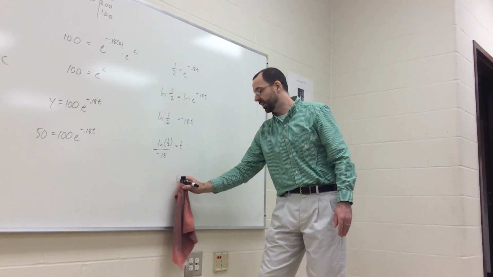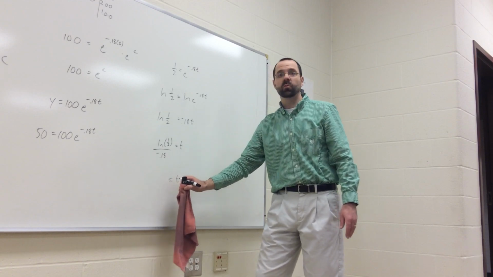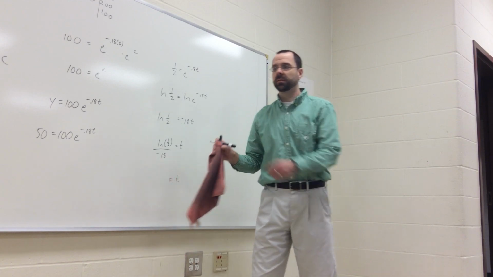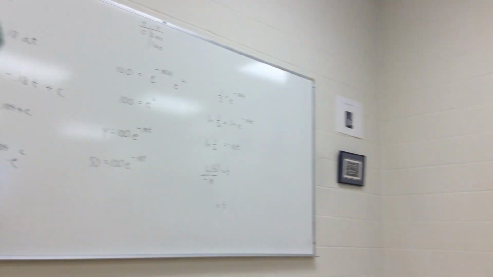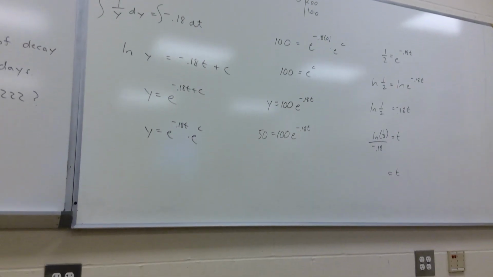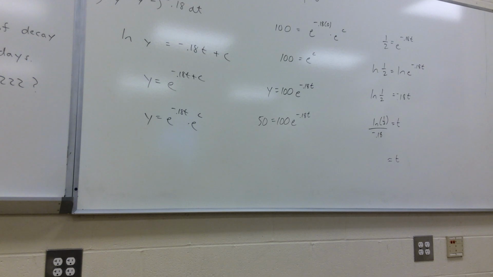So now it would be nice to know what that was, so now let's type that in. So natural log of 0.5 divided by negative 0.18 comes out to 3.851.